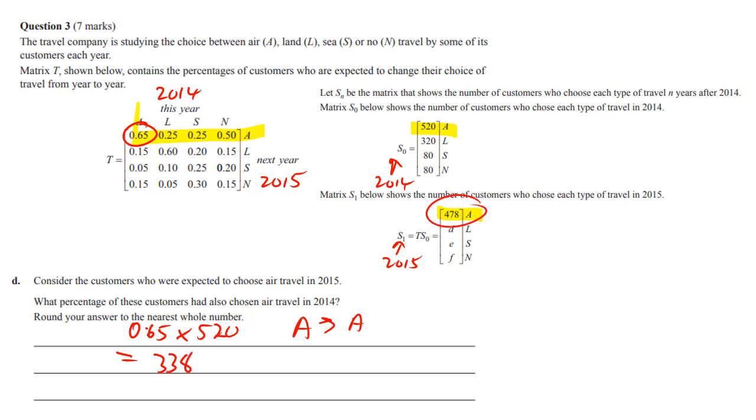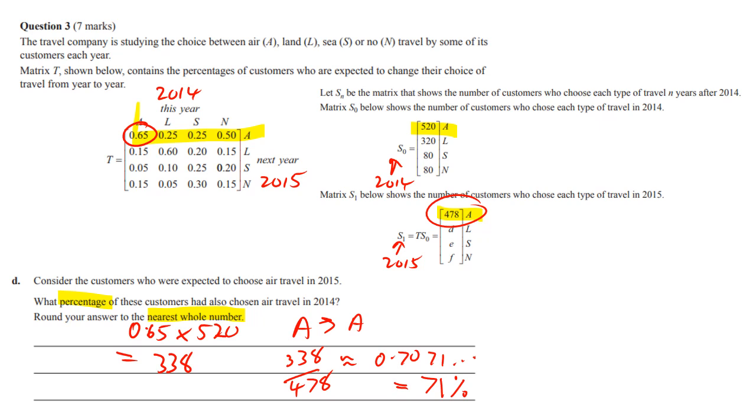And we know the actual total in 2015 was 478, so 338 divided by 478 approximately equals 0.7071, times by 100 to make your percentage, round to the nearest whole number. So pay attention, it says we want the nearest whole number and a percentage. So if you do that, that equals 71%.